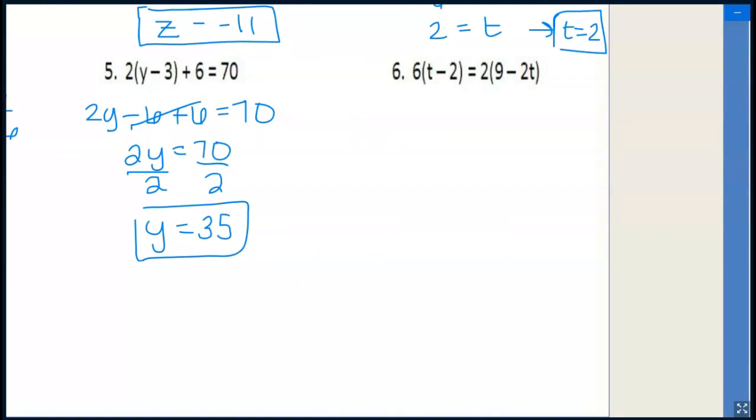In number 6, let's say you didn't want to distribute first. You could technically divide both sides by 2. And again, I'm just showing you math. If you distribute it, that's totally fine. Your 2's would cancel, and then 6 divided by 2 would become 3.